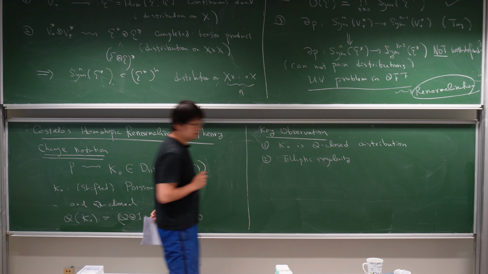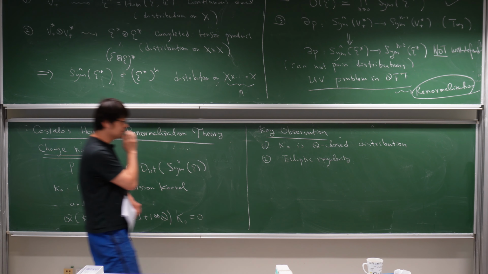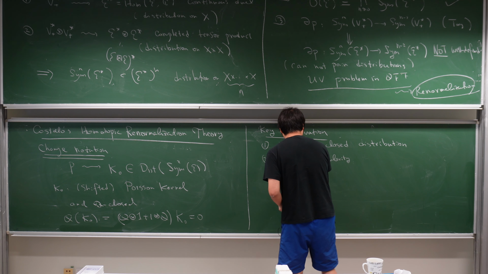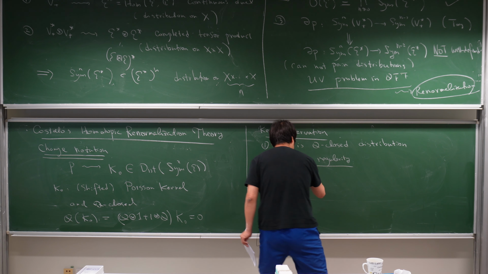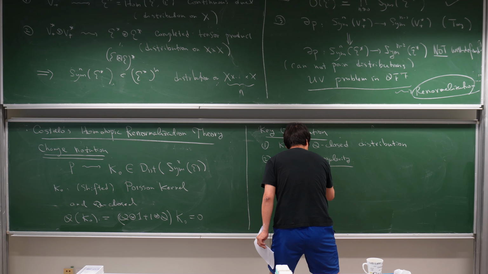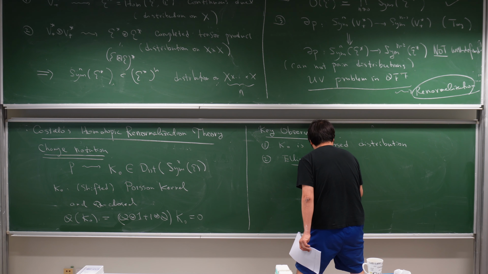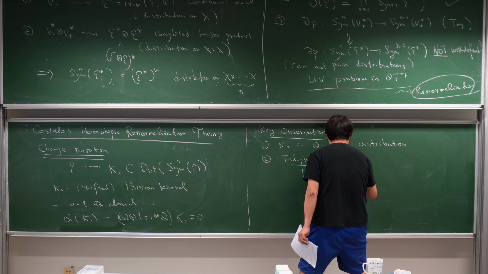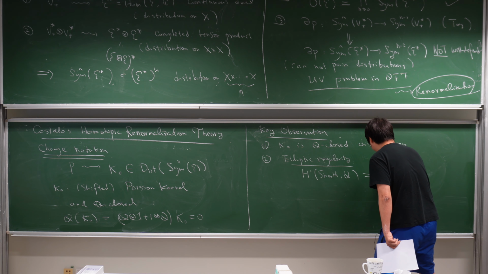And this is a place where we require this to be an elliptic complex. So basically, you can say the following: once you compute the cohomology for this elliptic complex, you compute it for smooth sections. So the cohomology for the smooth data and the cohomology for the distributions are basically isomorphic, the same.